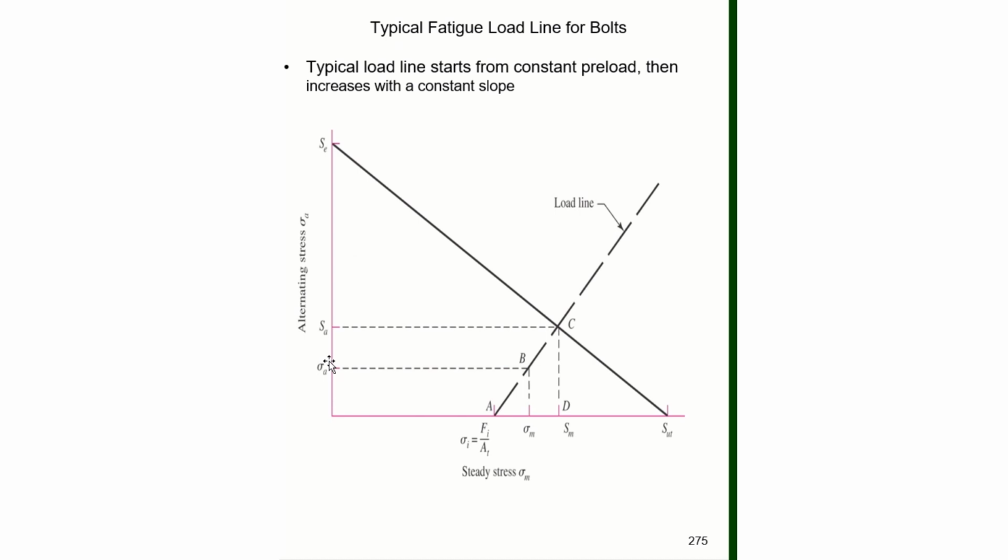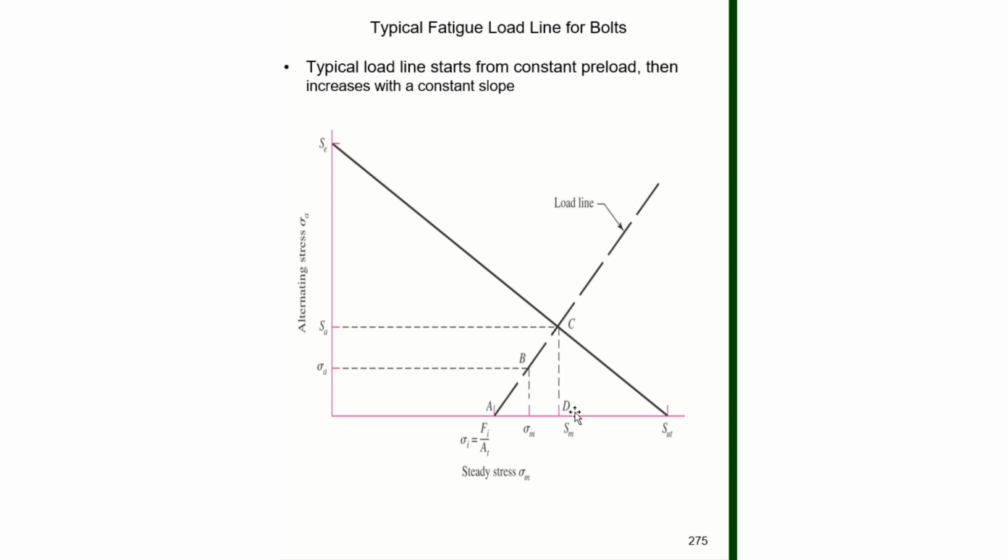What we do then to look at the failure of these types of systems is we plot the mean stress, or the steady stress, on the x-axis, and we plot the alternating stress on the vertical axis.